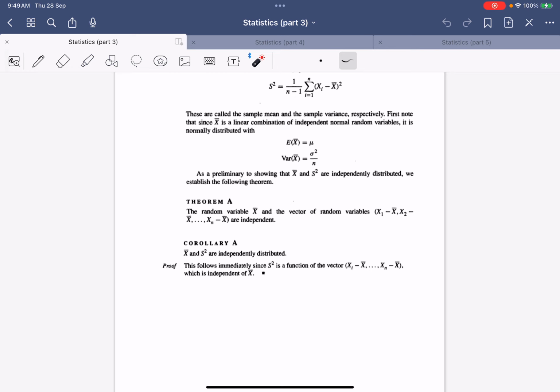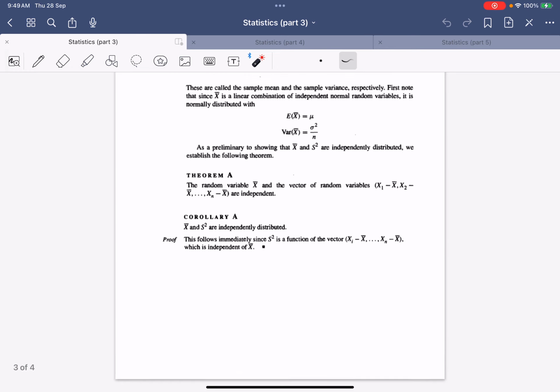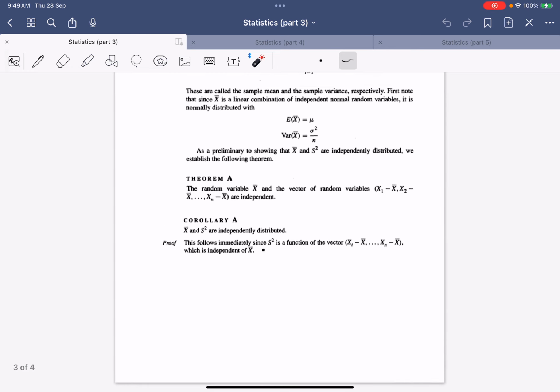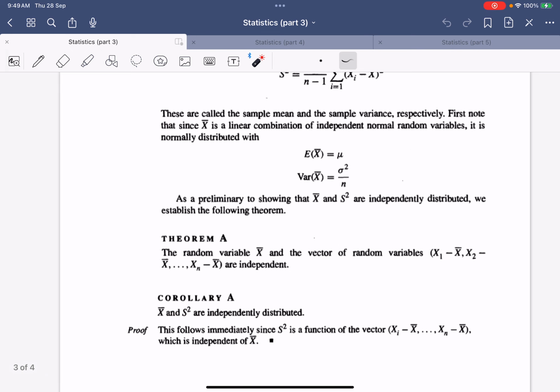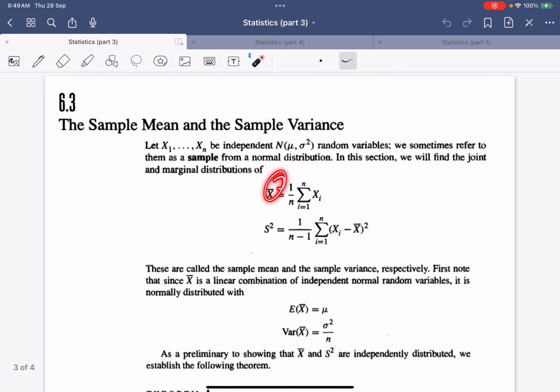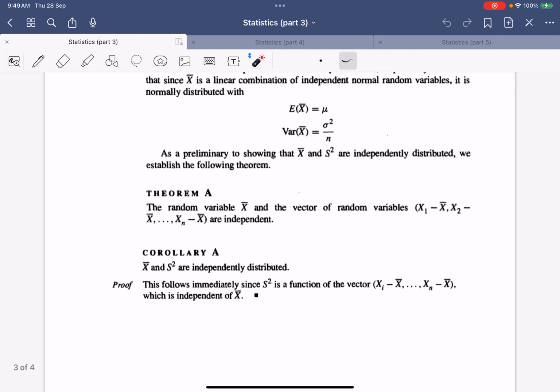But it's very algebraic, and I'll omit the proof in this part. Because if you already know this is independent, then it becomes very clear that x bar and this variance is also independently distributed, because s squared is a function of this vector.